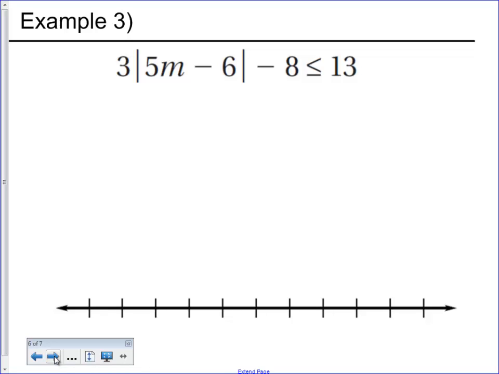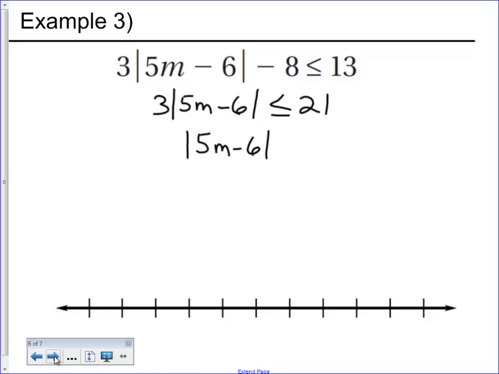First thing we're going to do is add 8 to both sides to solve this. So 3 times the absolute value of 5m minus 6 is less than or equal to 21. Divide both sides by 3. The absolute value of 5m minus 6 is less than or equal to 7.